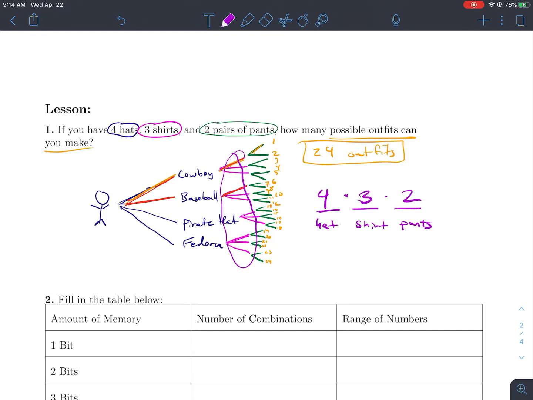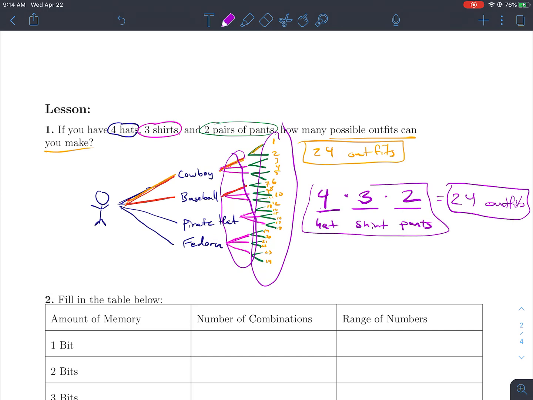And then multiplying again by 2 because you have 2 choices for each hat-shirt combination. 4 times 3 is 12 times 2, that gives you your 24 outfits. This is a mathematical representation of what we did pictorially. 24 outfits. So multiplying the values gives you that.